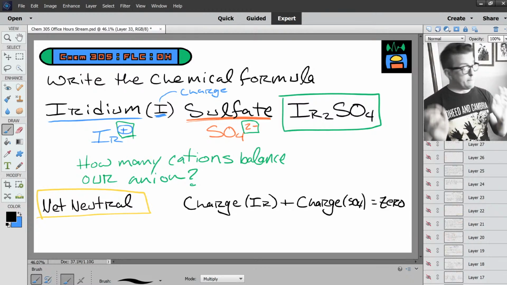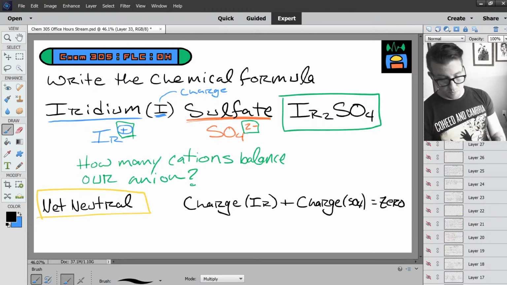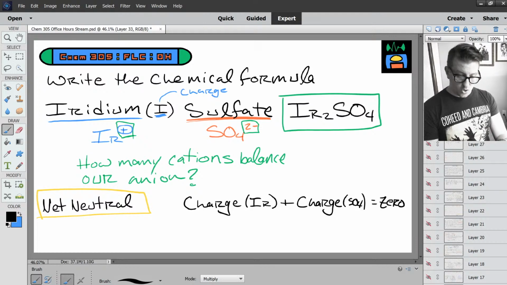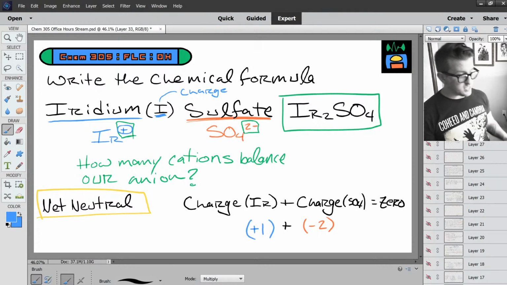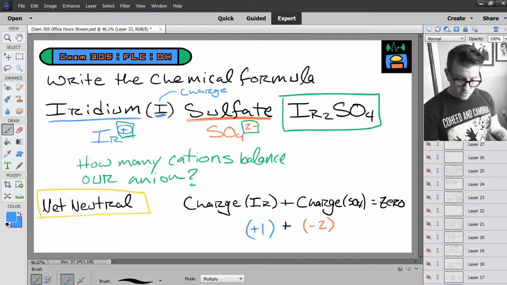It must equal 0. The problem here is my charge for sulfate is -2, and my charge for iridium is +1. And you know that 1 minus 2 isn't 0, it's -1.